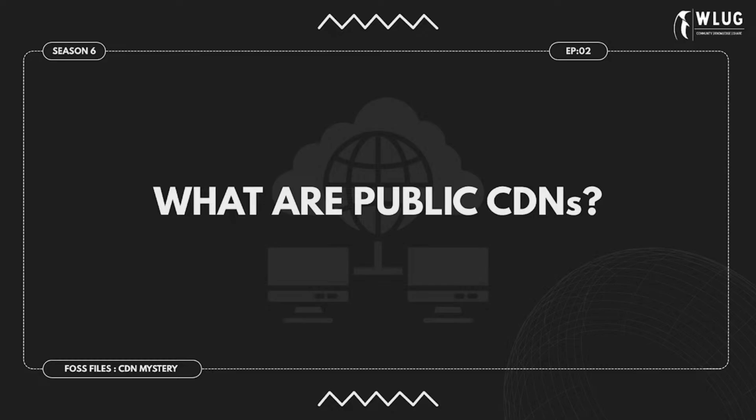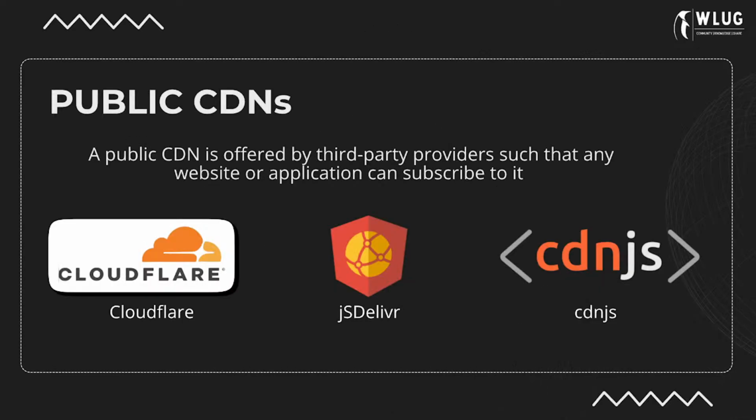Okay, so a public CDN is a third party provider that provides content delivery infrastructure to any website or application that wants to use it. So that is the general purpose of a CDN, that it provides content on a global level.